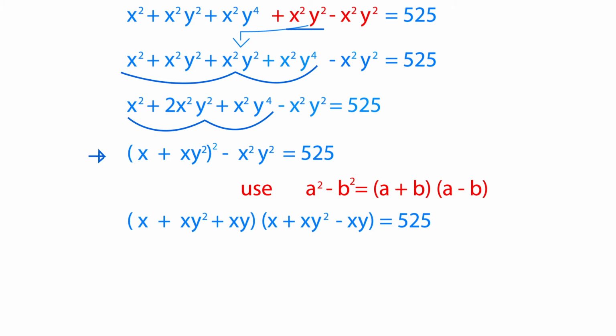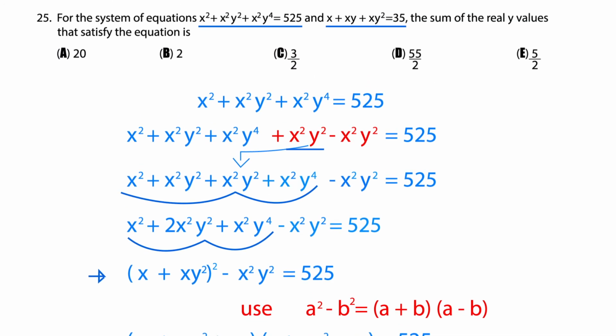Now at this point, one of the equations that they had given to you earlier on will be very beneficial right here. X plus xy squared plus xy. It's right here. The order is a little bit reversed, but that's okay. It's equal to 35.